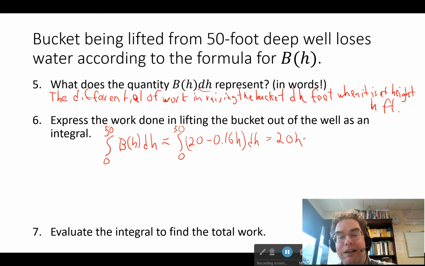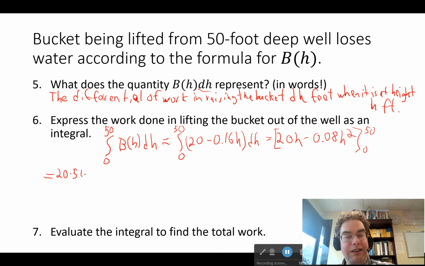So we'll get 20h minus 0.08 h squared, and then we want to evaluate that at 0 and 50. Okay, put 50 in there. We get 20 times 50 minus 0.08 times 50 squared.